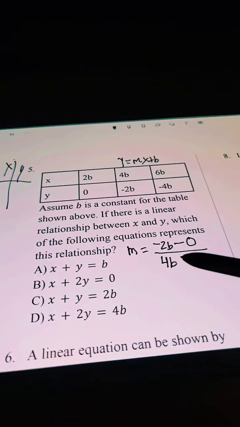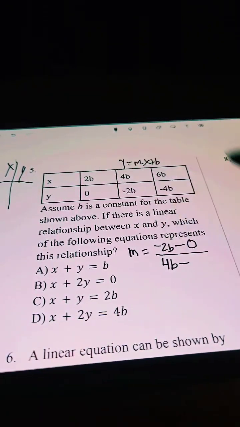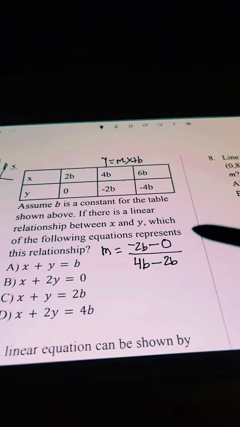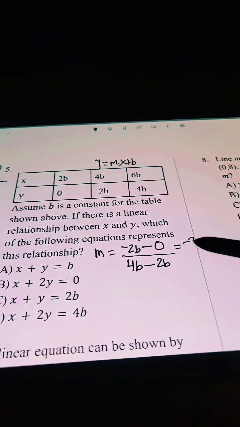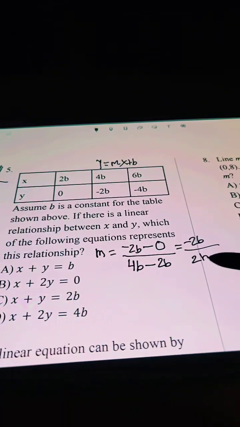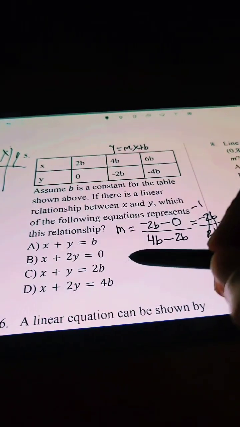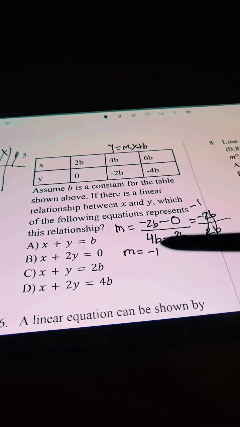And then on bottom, I'm subtracting my x's, so I have to subtract 2b for my x value right there. That's going to give me negative 2b over 2b, which cancels out to negative 1. So negative 1 should be my slope.